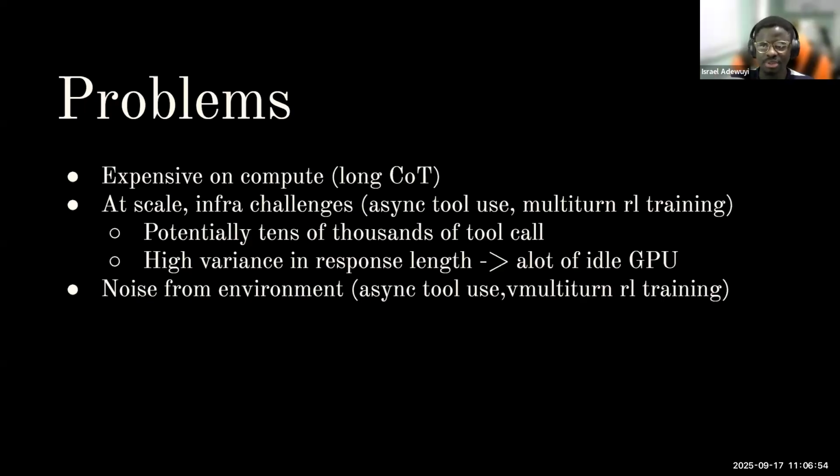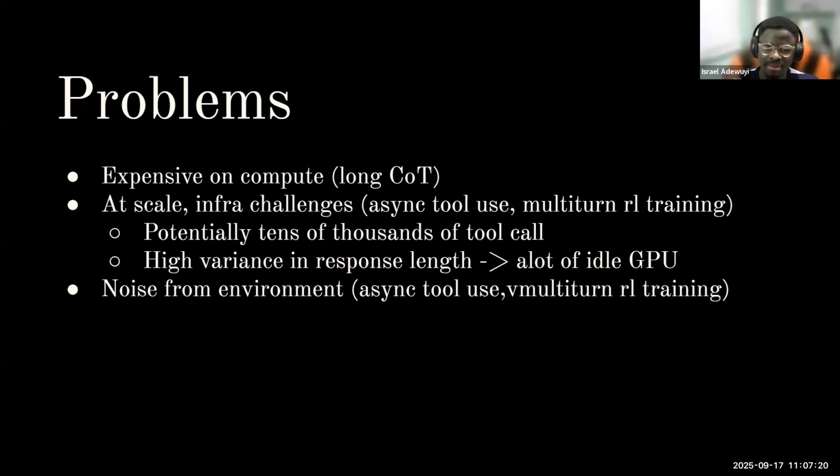This variance in response length gives you a lot of idleness during RL training. For example, if you have a really long sequence and a really short sequence in the same batch, while the long sequence is still generating tokens and verifying from the environment, you would have a lot of GPU cores idle.